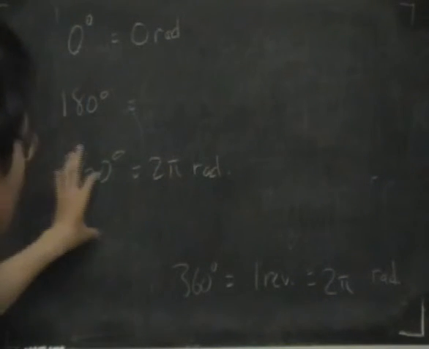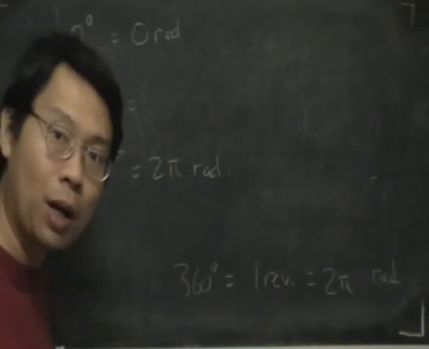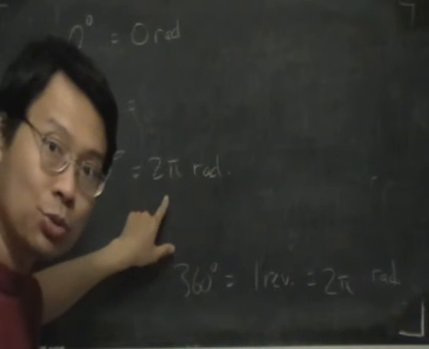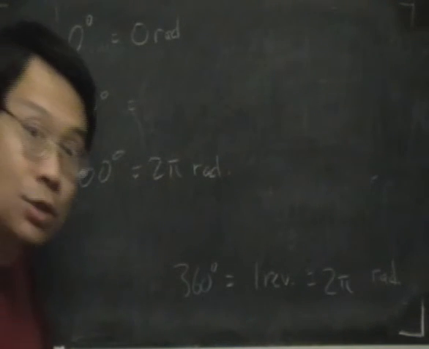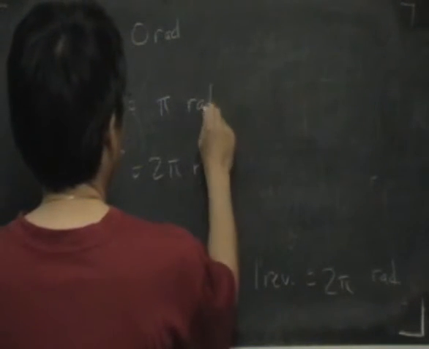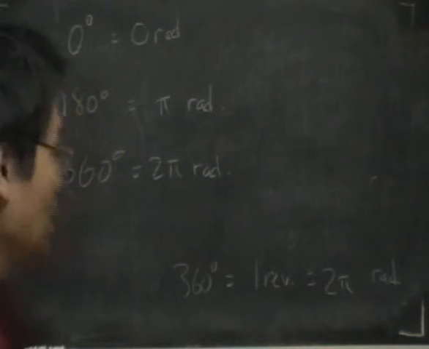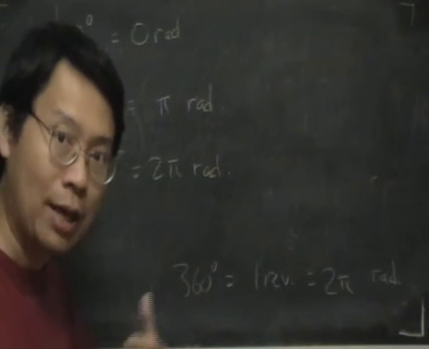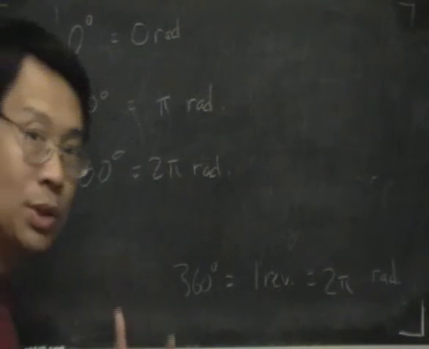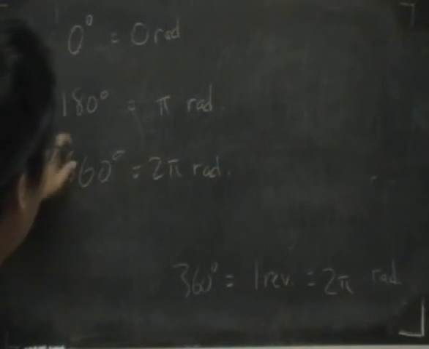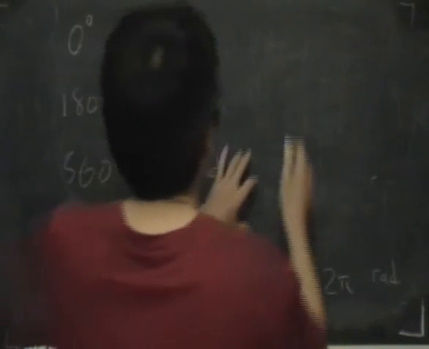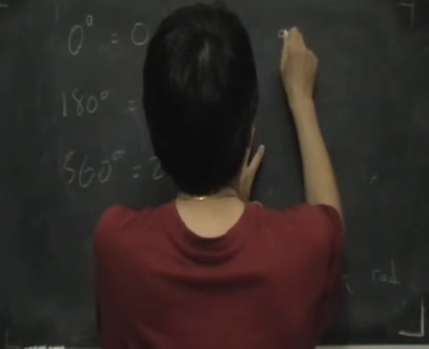So therefore, if 360 degrees is 2 pi radians, then 180 degrees must be half of the 2 pi. And half of 2 pi is just pi. So 180 degrees is pi radians. So there we have another example. Now we can carry on from that and find some examples for a simple fraction of the 180 degrees. For example, we can have 90 degrees.